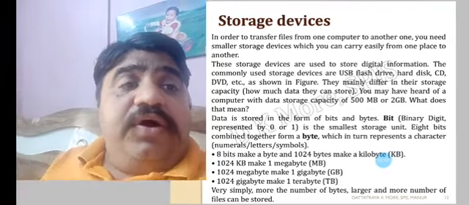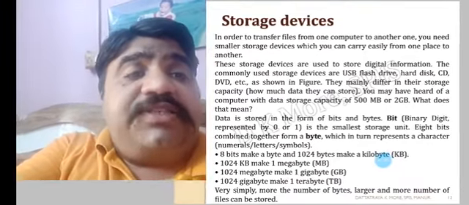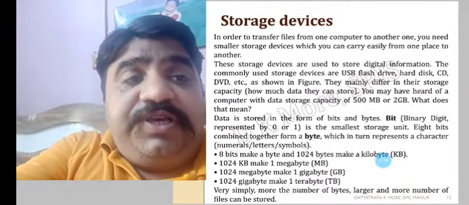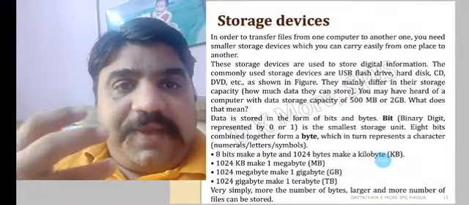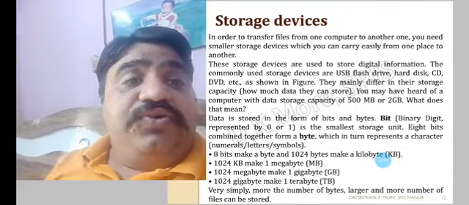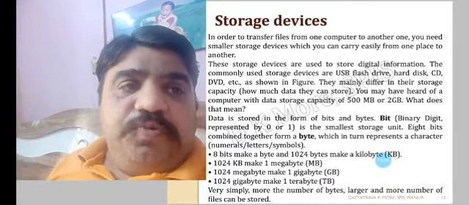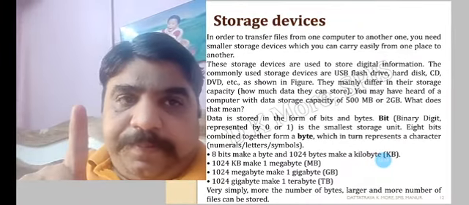You may have heard of a computer with data storage capacity of 500 MB or 2 GB. What does that mean? It means how much capacity the hard disk of that computer has. Data is stored in the form of bits and bytes. A bit means a binary digit, represented by 0 and 1.